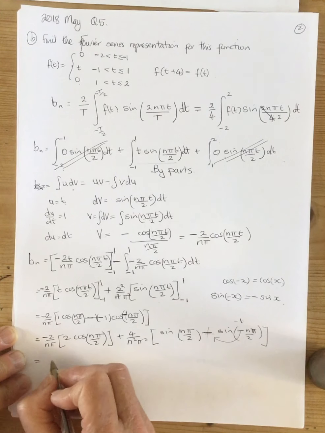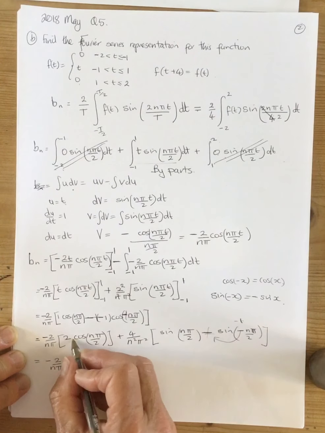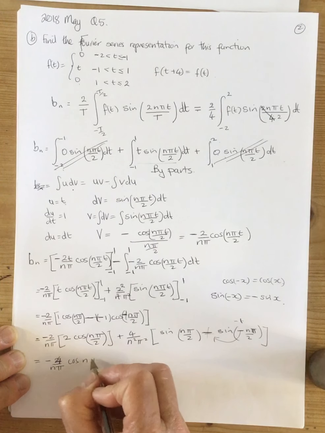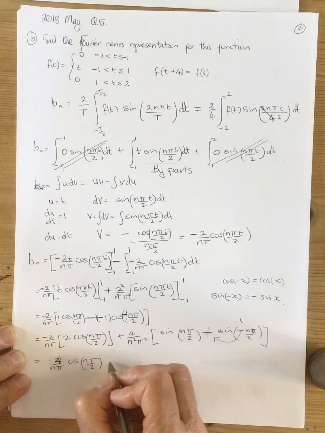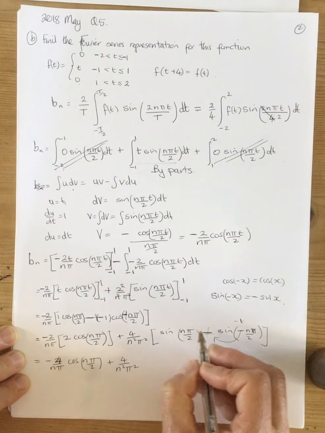So now we're left with minus 2 over n pi times 2, make that a 4, cosine n pi over 2. And then plus 4 over n squared pi squared.